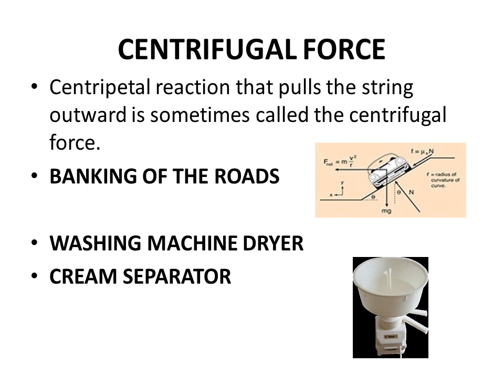The lid of the cylindrical container is closed after putting wet cloth in it. When it spins at high speed, the water from the wet cloth is forced out through these holes due to lack of centripetal force.